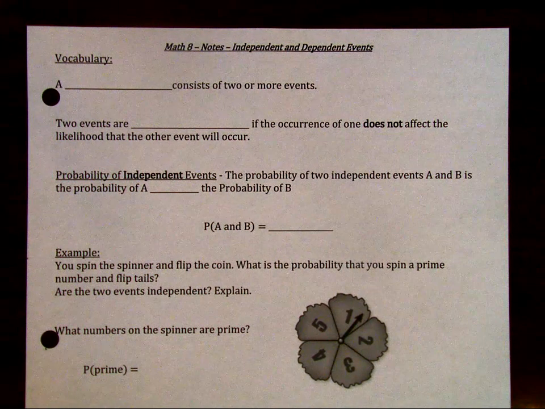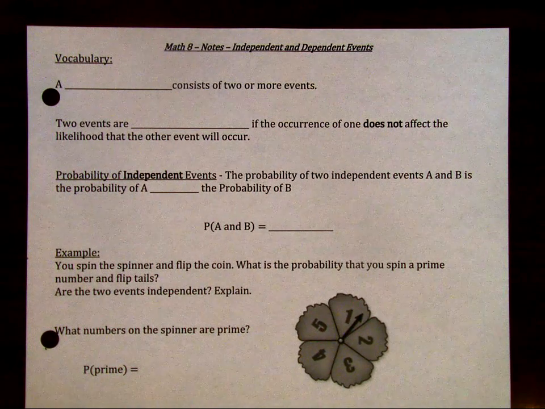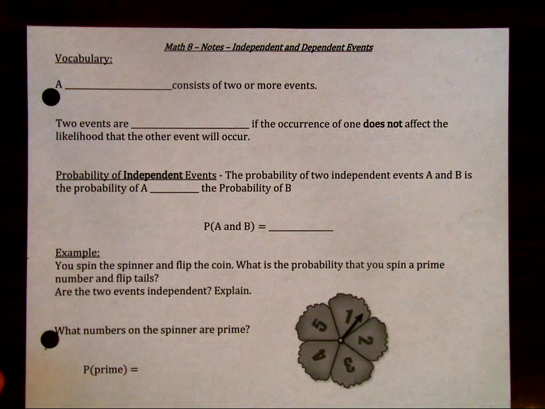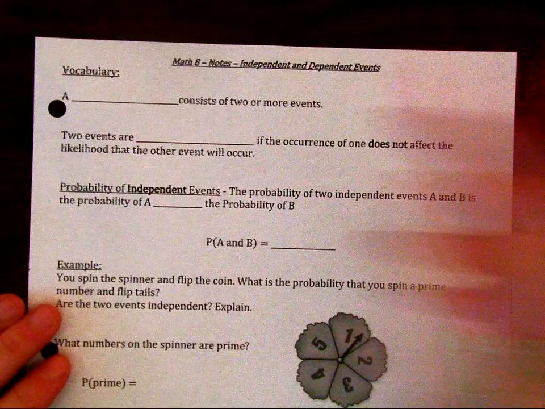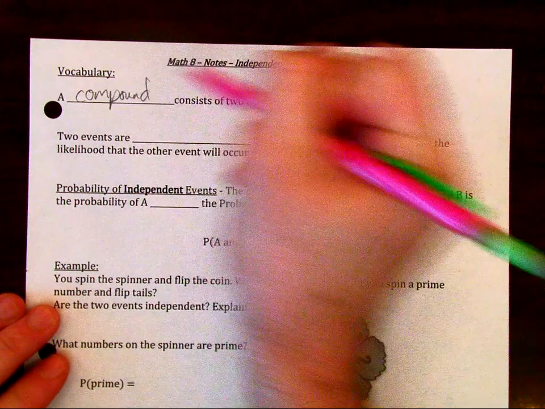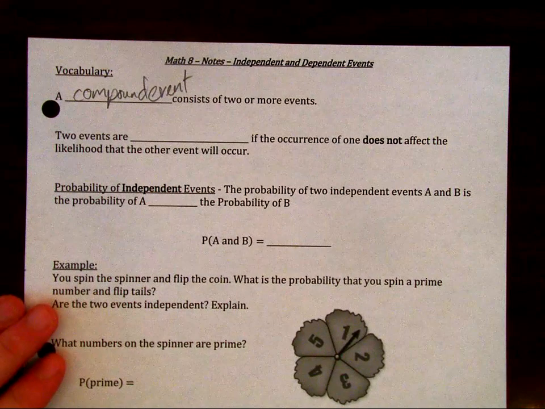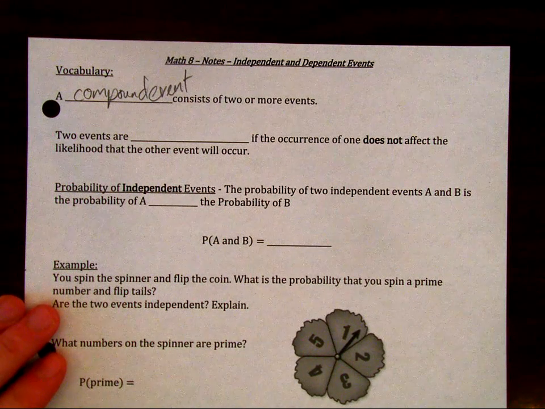Alright, in this video we're just going to do a couple reminders and maybe some new ideas for independent or dependent events. And so we're going to say a compound event, just like a compound word, consists of two or more events.